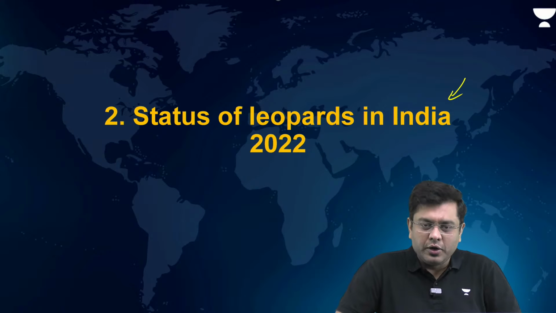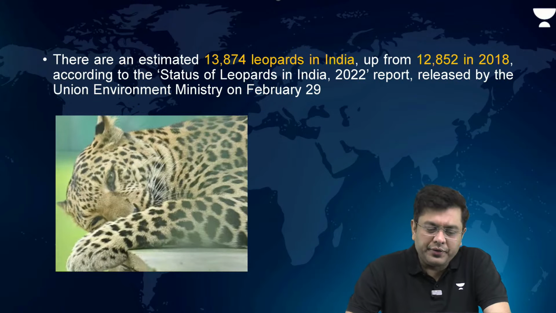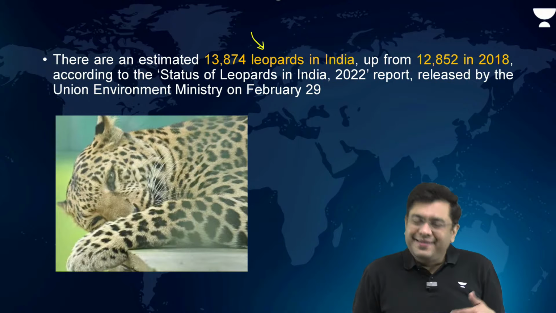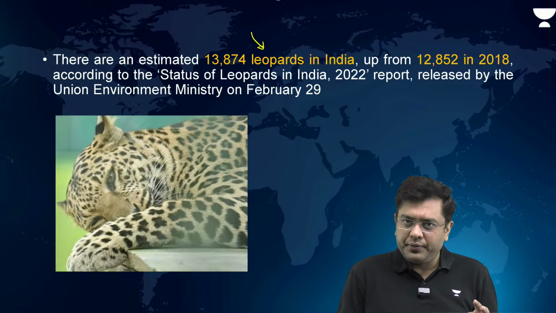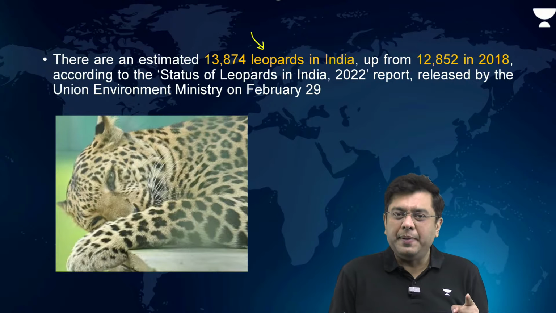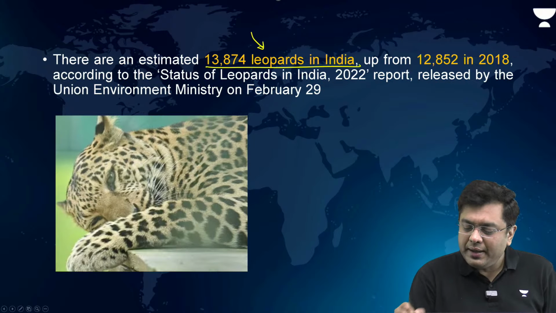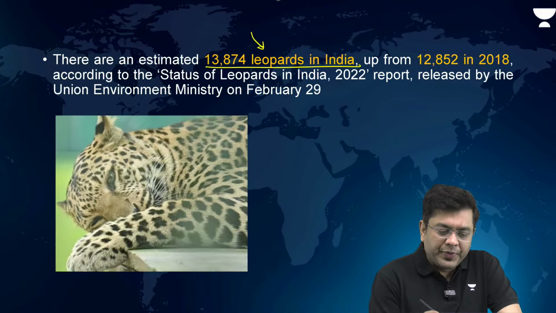Okay. Now here, when we talk about the status of leopards, as compared to the last census report, it is carried out every 4 years. This is again something to keep in mind. Every 4 years. So as compared to the last one, there has been an increase in the leopard population, right?